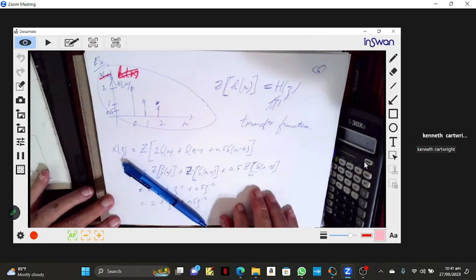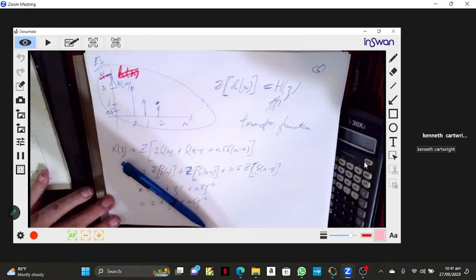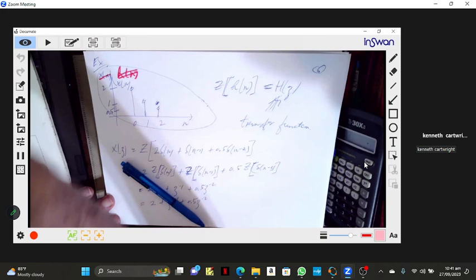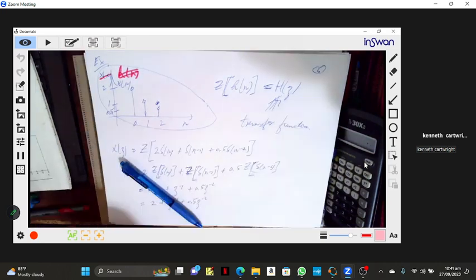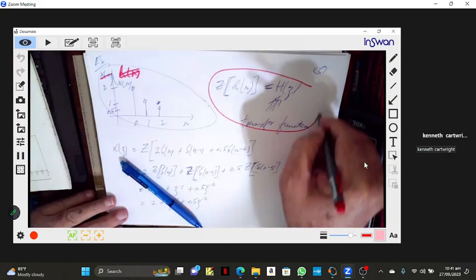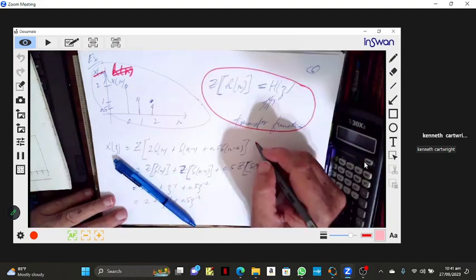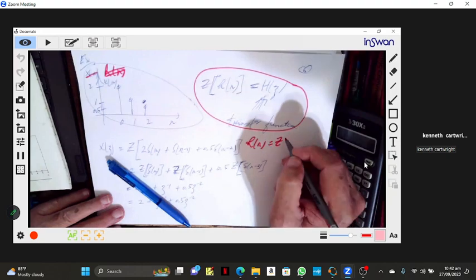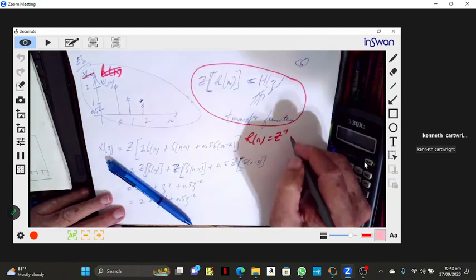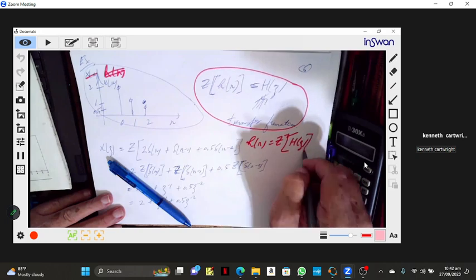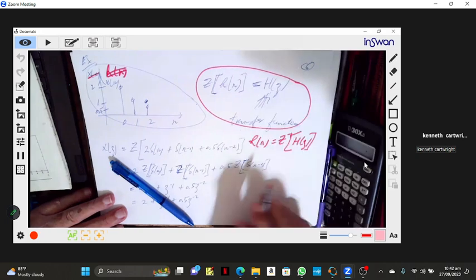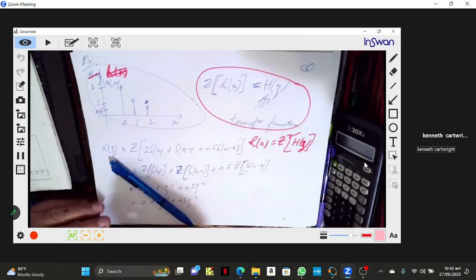Just like in 320, the transfer function was H of s. h of n is the inverse Z of the transfer function. Both those statements are equivalent.